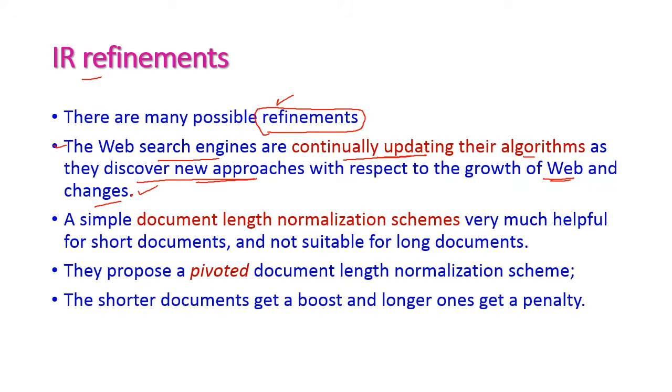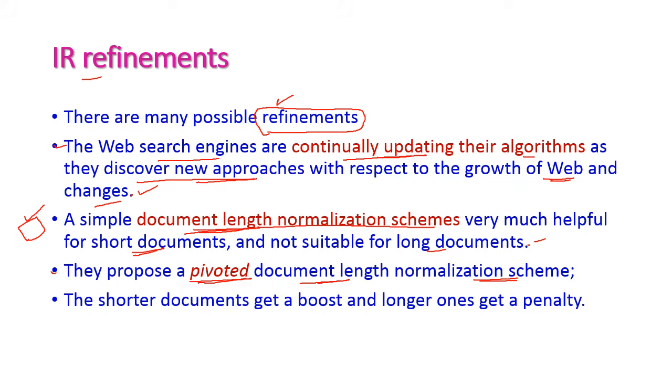A simple document length normalization scheme is very helpful for short documents, but it is not suitable for long documents, because we cannot fix the size of documents. So a pivoted document length normalization scheme was proposed.